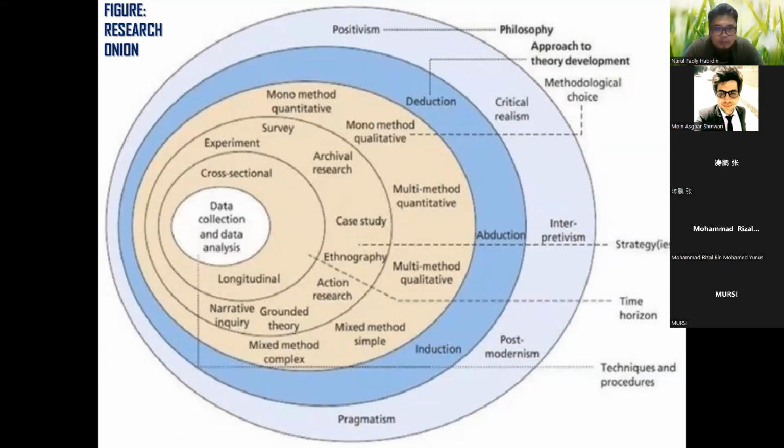The most important thing is that a few philosophies are most suitable for business and management research, but it is not limited to only these five. If you read more research methodology books, you can find other philosophies too. Basically, in business and management research, there are at least five: positivism, critical realism, constructivism or interpretivism, postmodernism, and pragmatism.